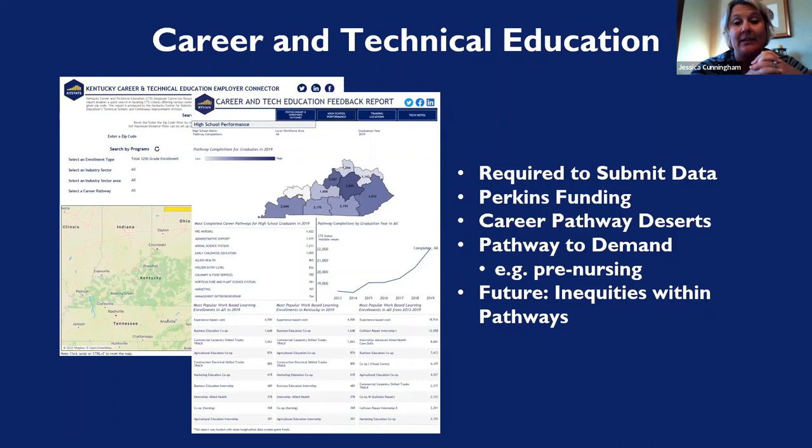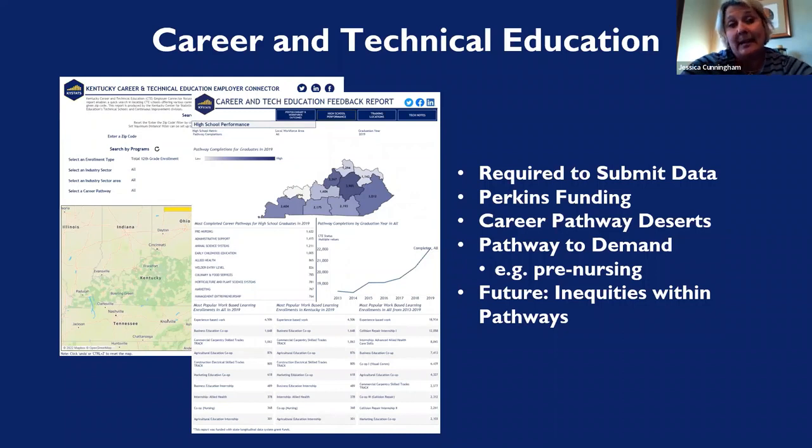This is actually in legislation in the state of Kentucky: every 2 years we look at the actual labor market demand and align the CTE pathways on a regional basis across our state to that labor market demand. We are currently doing a pilot with advanced CTE, looking at some CTE equity index and so forth, so I think that fits here.